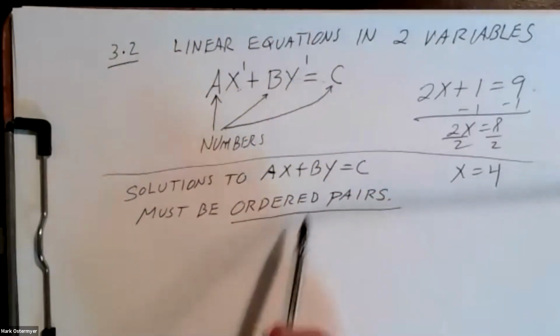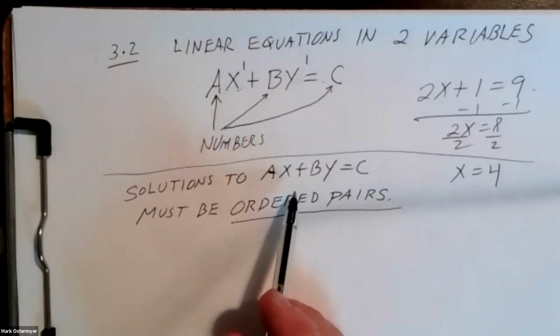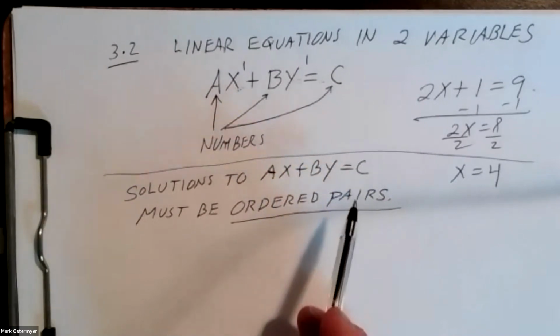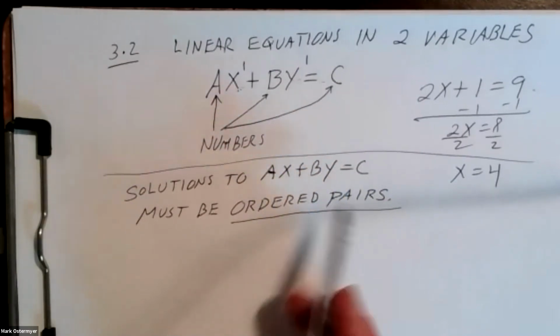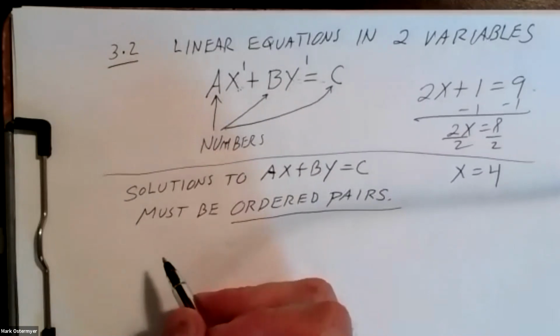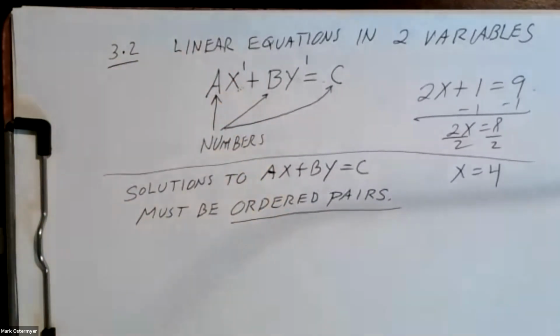And in order to be a solution to this linear equation, the ordered pair must satisfy this equation. So what does that mean?